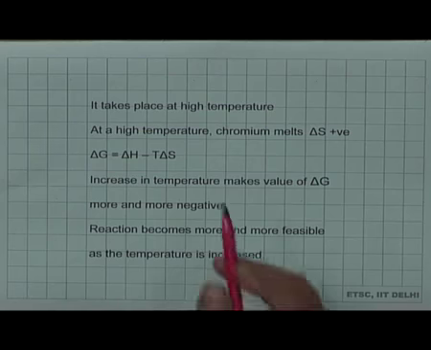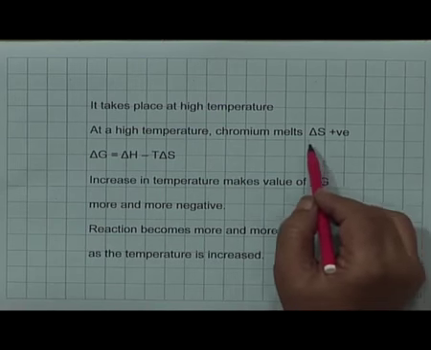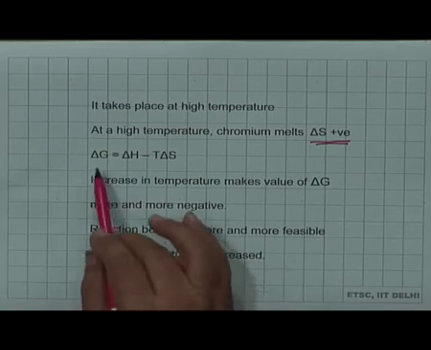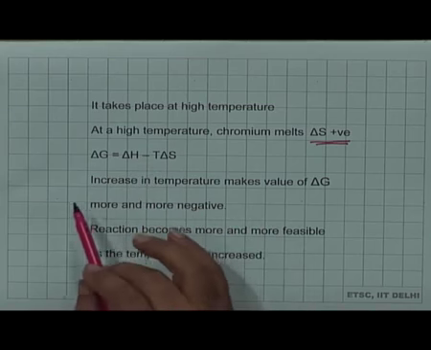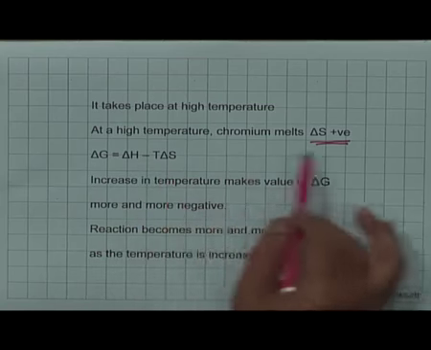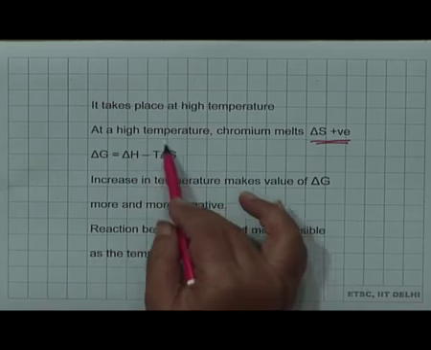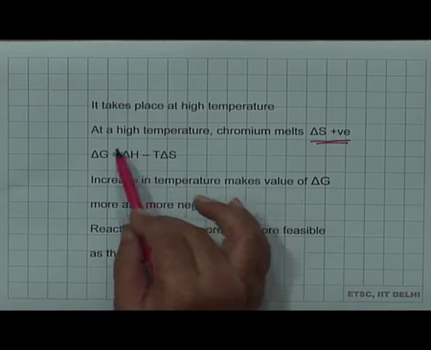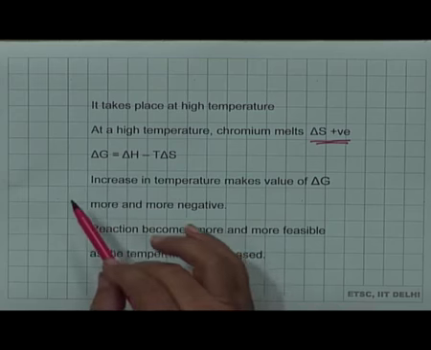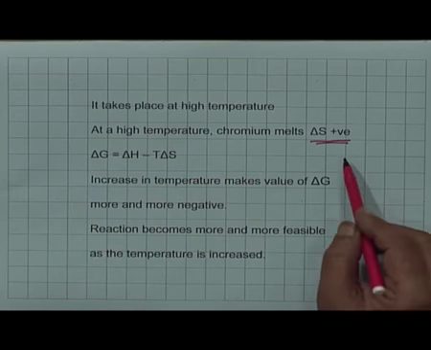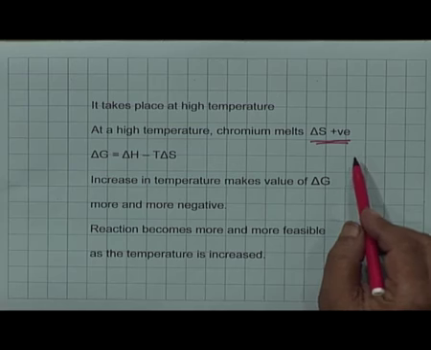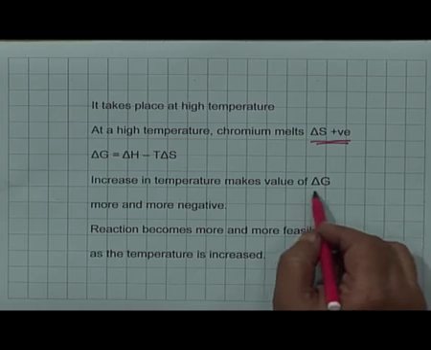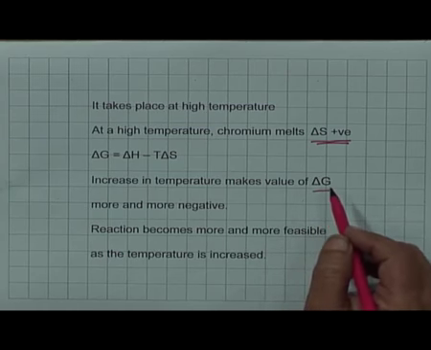If we raise the temperature, then at higher temperature the delta S will become positive. If you recall the equation delta G is equal to delta H minus T delta S, when temperature is high and delta S is positive, this term is negative, and this term can even overcome an endothermic reaction and make the overall delta G negative. And this happens in this case also: increase in temperature makes the value of delta G more and more negative.